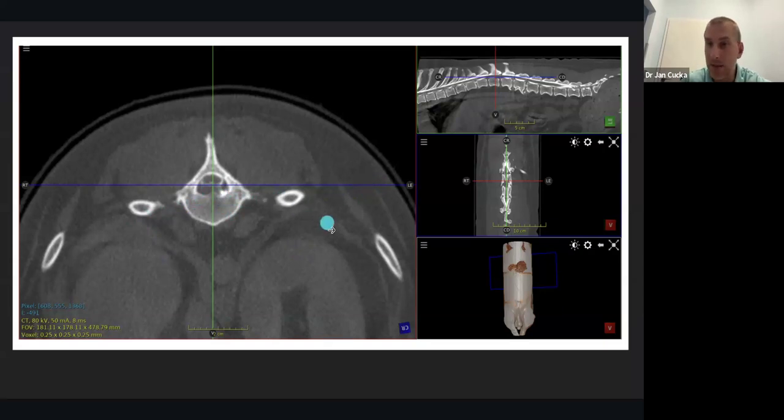I will count it later on the other view. So you can see how myelo can improve the quality of the image or knowledge about the spine problem, because without myelo, it's very hard to get this part to be seen.